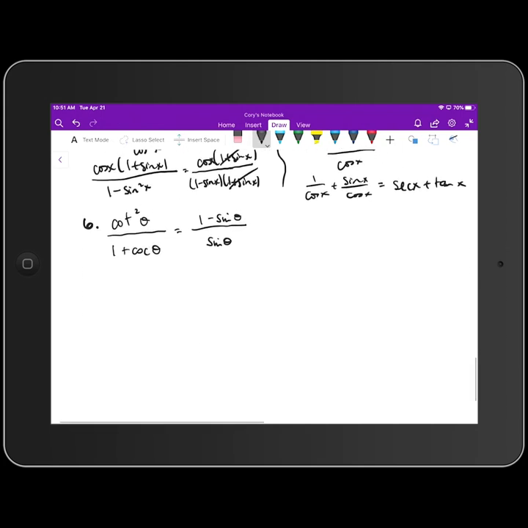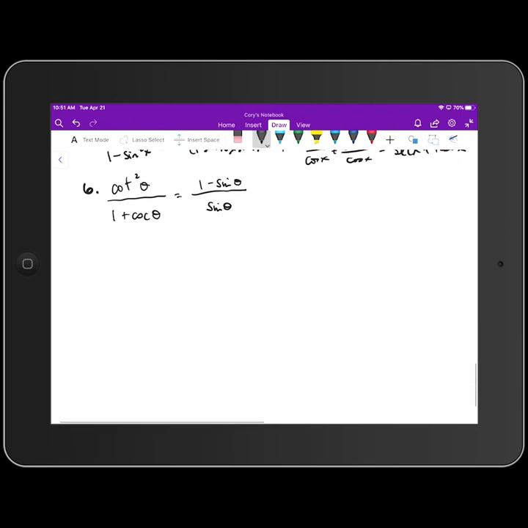Okay. Last example that we're going to do is cotangent squared over 1 plus cosecant is going to be equal to 1 minus sine over sine. So I think the left-hand side is the better choice to start with here.